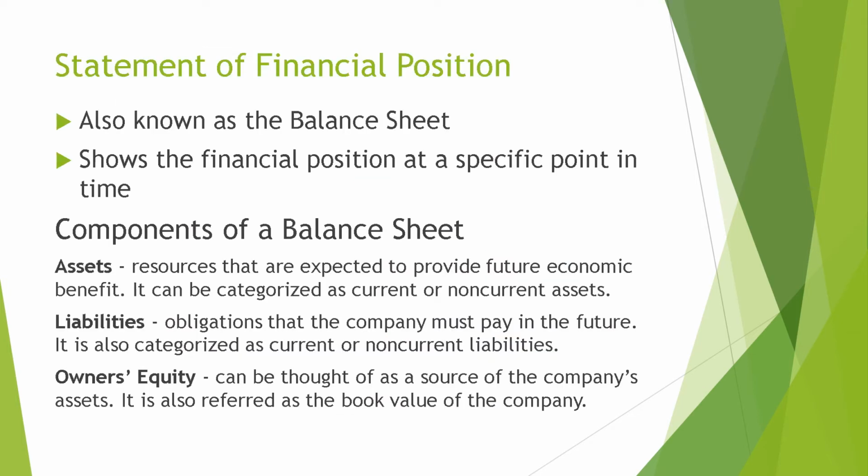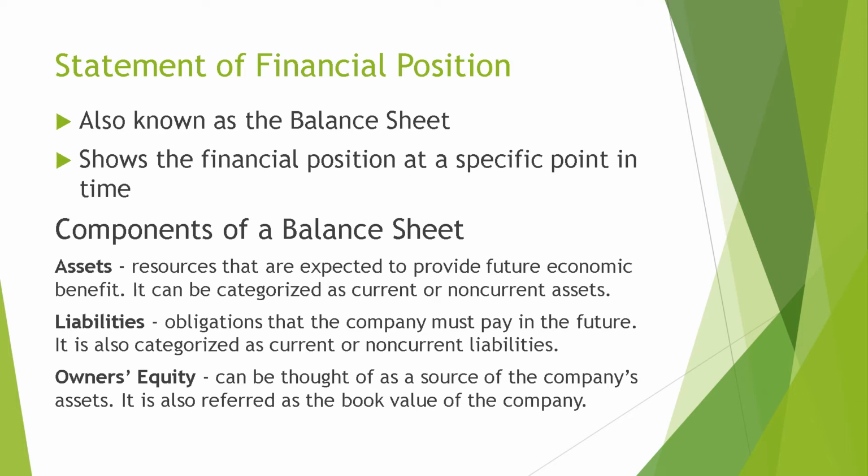Statement of financial position. It is also known as the balance sheet. It shows the financial position at a specific point in time. It also indicates the money health of a business. The components of a balance sheet includes assets. These are the resources that are expected to provide future economic benefit.